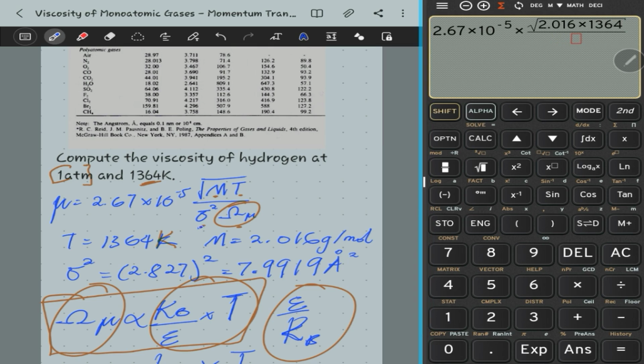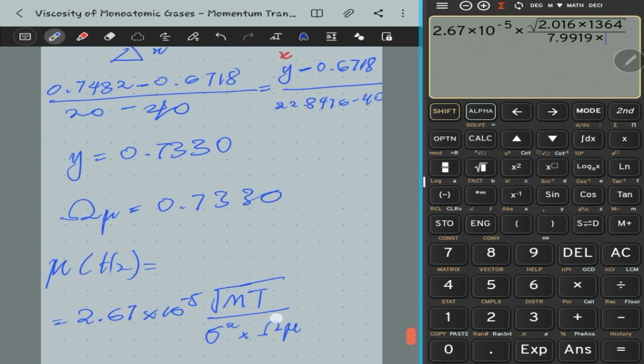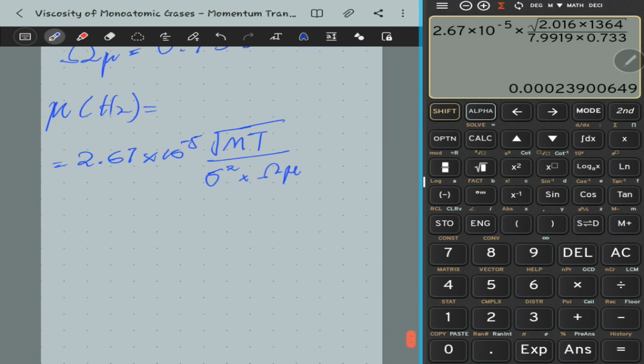And then this characteristic diameter, we squared it already, we had 7.9919, right? And then the collision integral we just found to be 0.7330, right? So that gives us the viscosity of the hydrogen gas in this case to be 0.00023900.